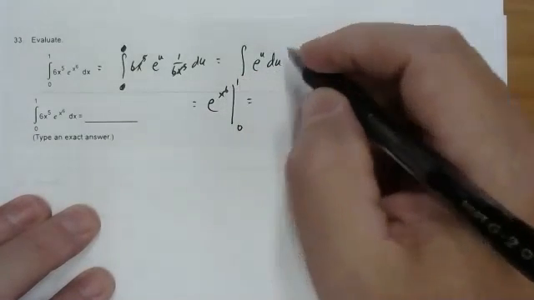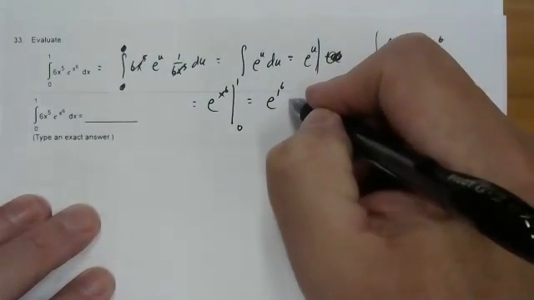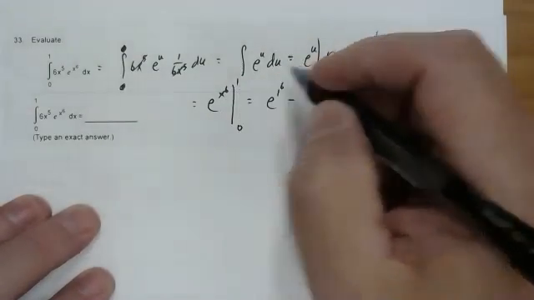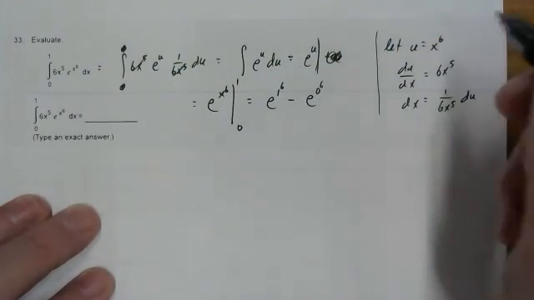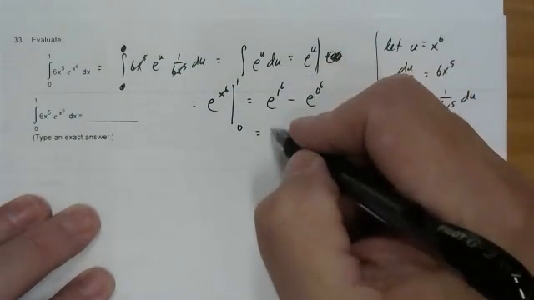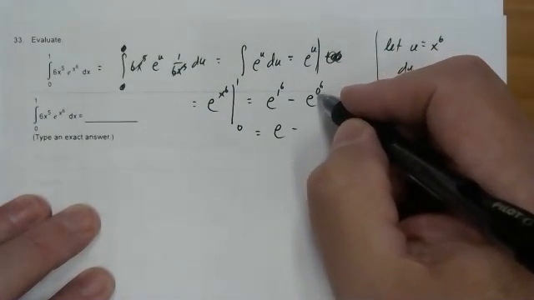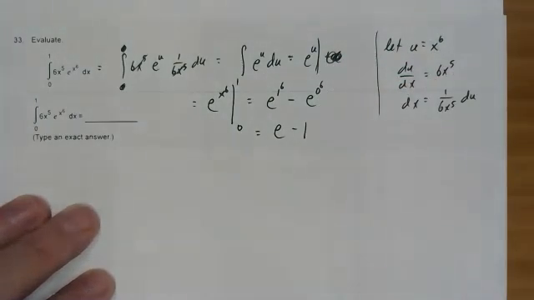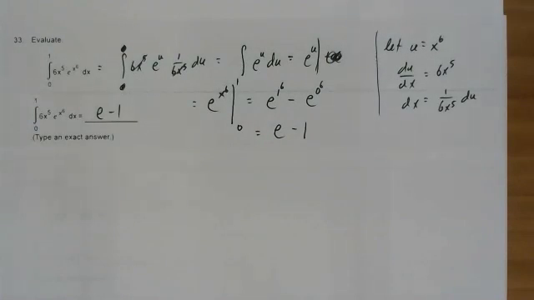So I'm going to put in 1 for x, e to the 1 to the sixth, minus, now put in 0 for x, e to the 0 to the sixth. 1 to the sixth is 1, so it's just e. 0 to the sixth is 0, e to the 0 is 1. I believe the answer should be e minus 1.